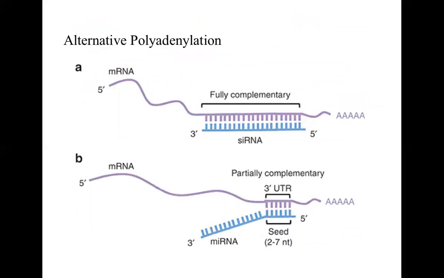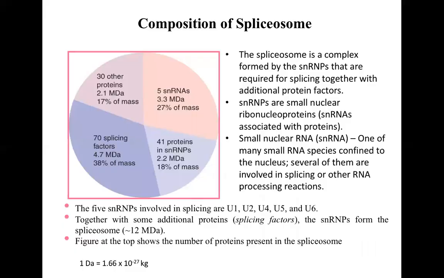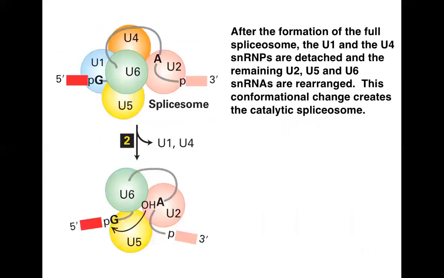So I told you that this can also determine the lifespan of the mRNA molecule. AU-rich elements are generally found in the 3' UTR. So this would also determine the lifespan of the mRNA molecule. So that's what we will study later. That would be the last type of mRNA degradation.